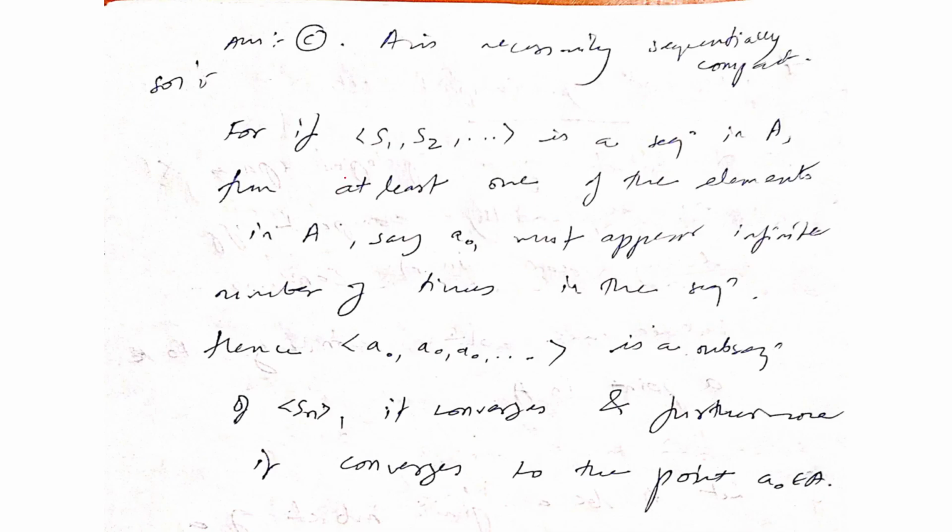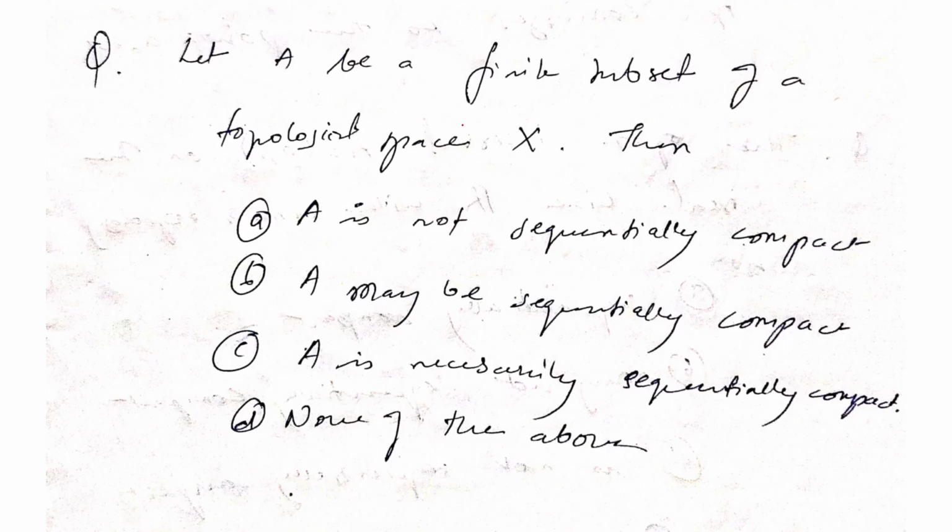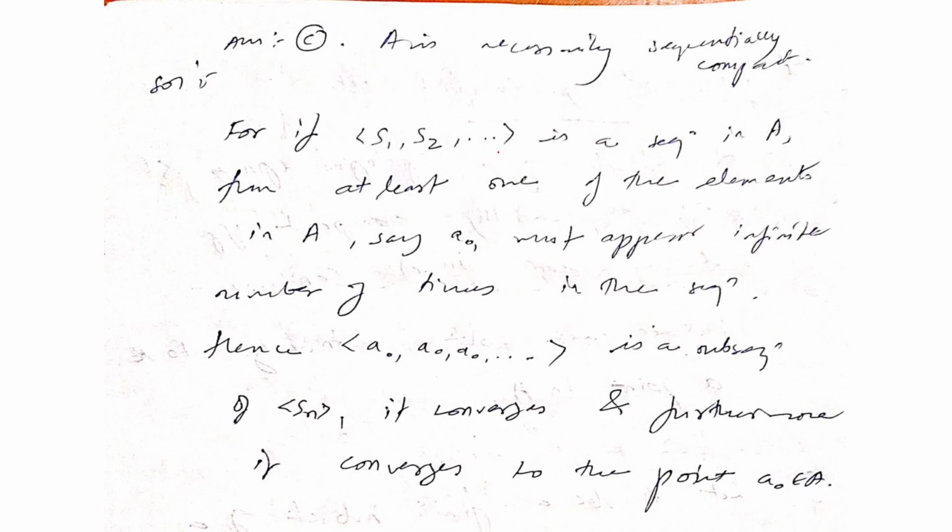Why so? As in the question, it has been given that A is a finite subset of a topological space X. So if S1, S2, and so on is a sequence in A, then at least one of the elements, say A naught, will appear infinite times, because this is a finite set. So this can form a subsequence of this kind: A naught, A naught, A naught.